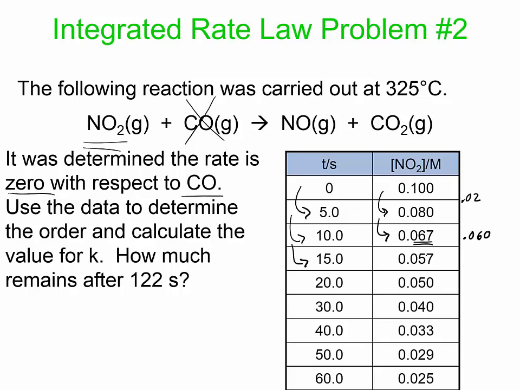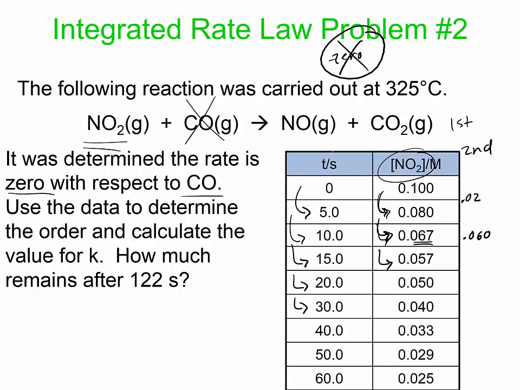So I'll tell you right now, this is not zero order. Just by inspecting the data, you can tell that it's not zero order. So if it didn't depend on concentration, there would be a regular incremental decrease with every incremental increase of time. So that's how you can tell if it's zero order, just by inspection. So you don't have to waste time doing a zero order plot checking one. So check if it's first, and check if it's second order.